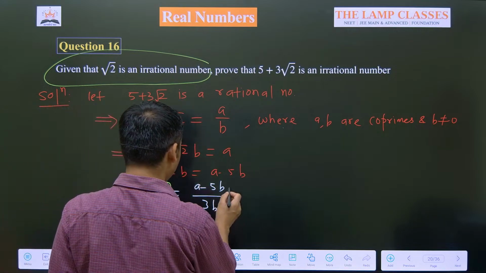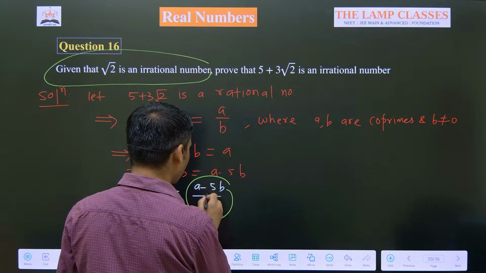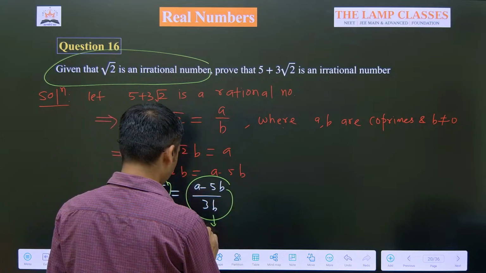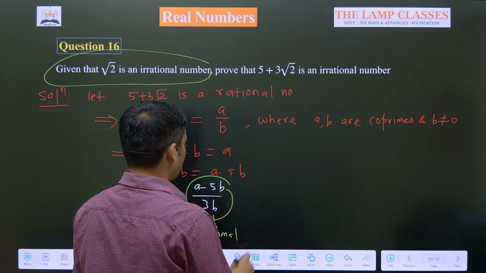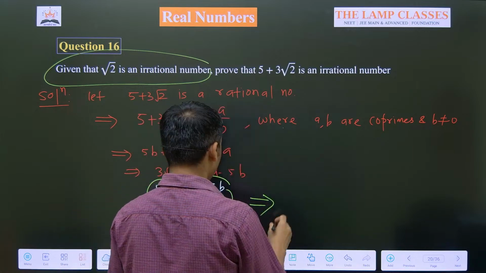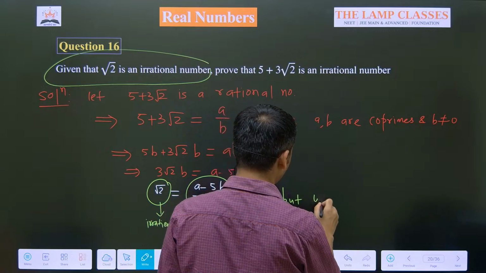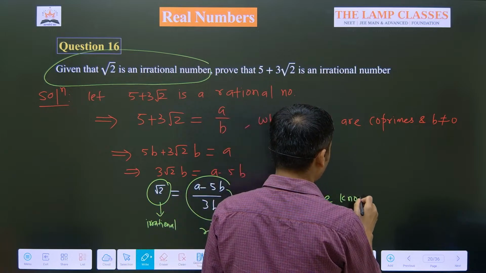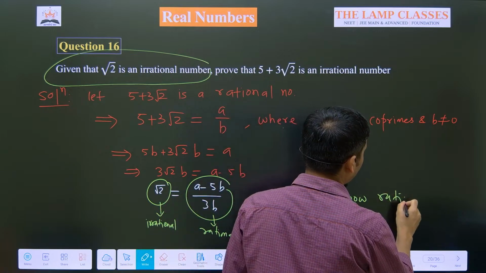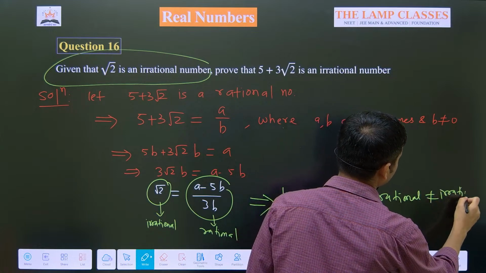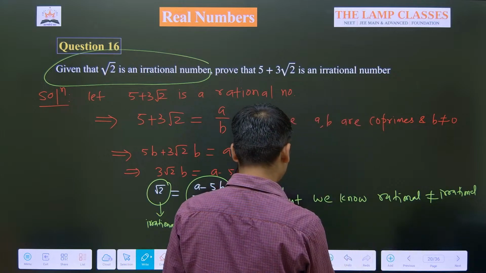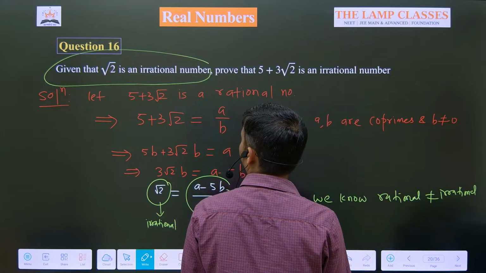That's irrational, and this has to be a rational number, right? Because this is a ratio of two rational numbers. But we know a rational number can't be equal to an irrational number. That means our assumption is wrong.